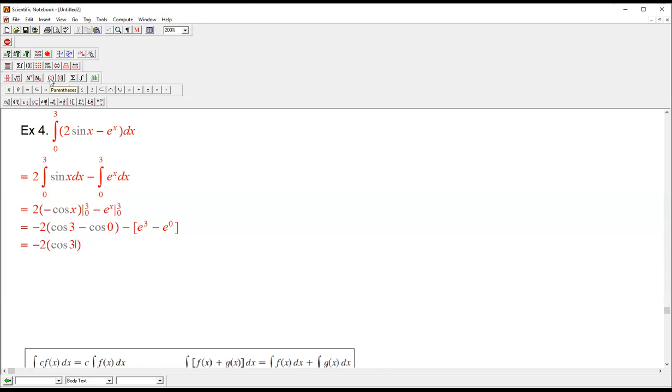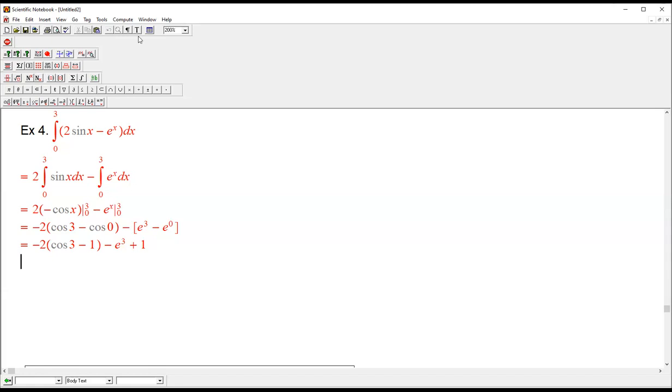So cosine 0 equals 1, subtracting e to the power 3 plus e to the power 0 equals 1. Okay, you can do a few more miscellaneous simplifications, but you can just leave it as negative cosine 3 plus 2 minus e to the power 3 plus 1.